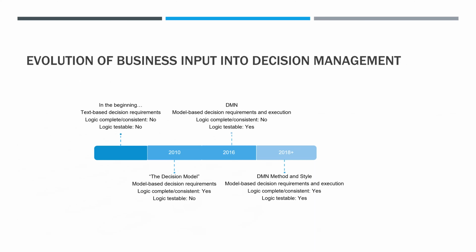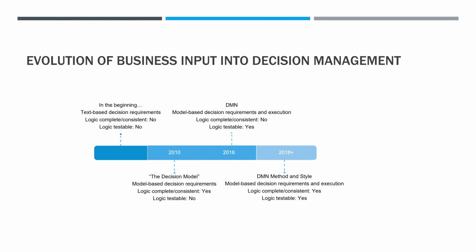TDM brought necessary discipline to business-oriented modeling. But without the ability to execute the models, the logic could not be checked for correctness. DMN, on the other hand, provided model-based execution so the logic could be tested for correctness, but it left discipline and methodology to individual practitioners.